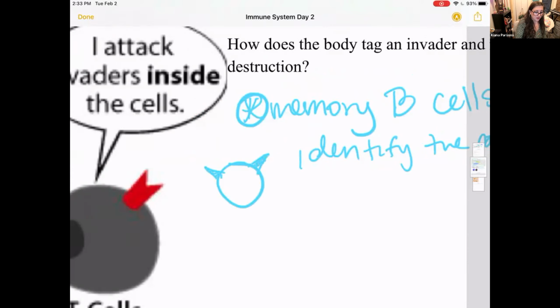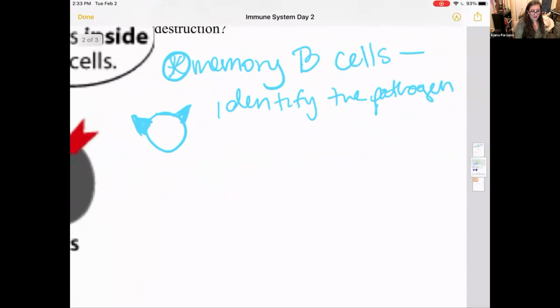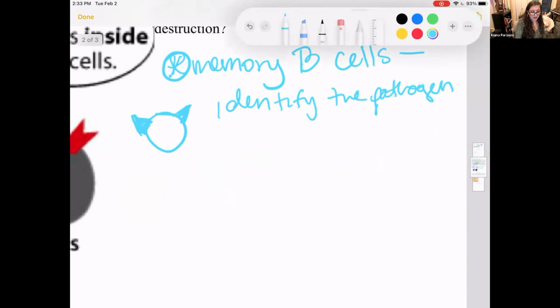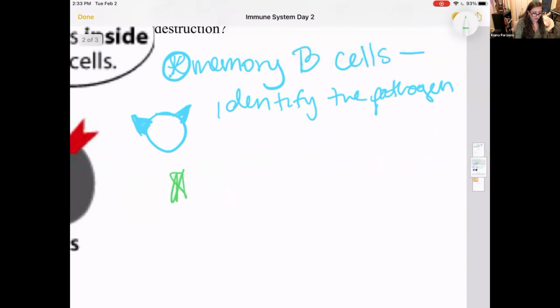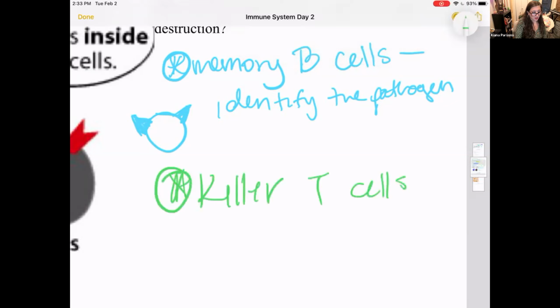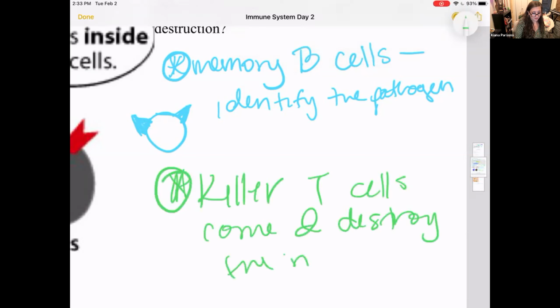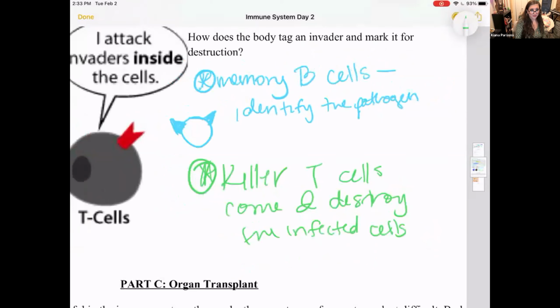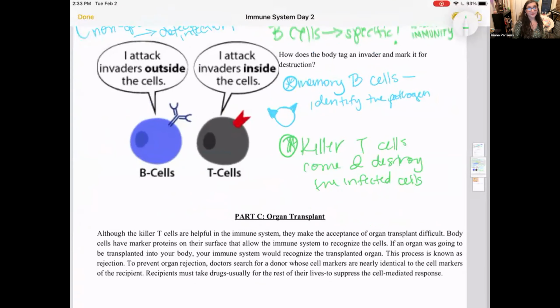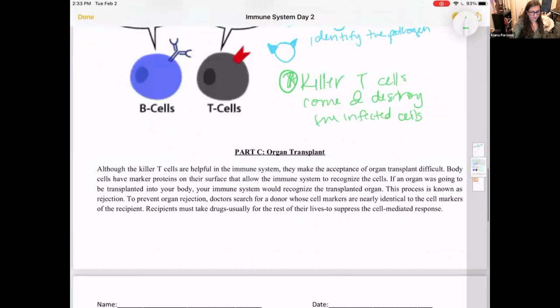So those antigens are recognized by the memory B cells, and then the T cells come through and they say, I got you. And then the killer T cells come and destroy the infected cells. That's how it's done. Pretty important.